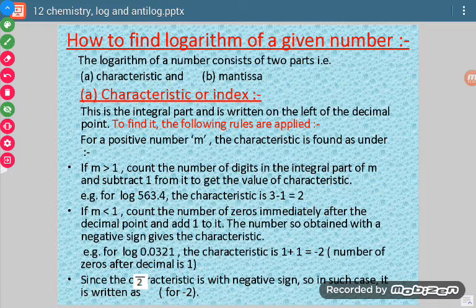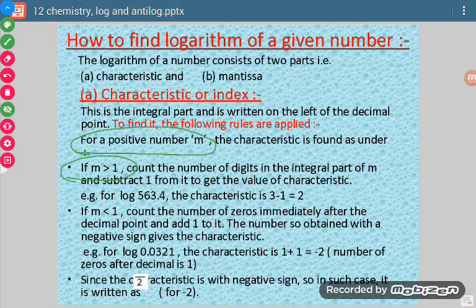Now for a positive number m, if m is greater than 1, it means we are given some number which may be a whole number or a positive integer, or it may consist of a decimal part also and a non-decimal part also.